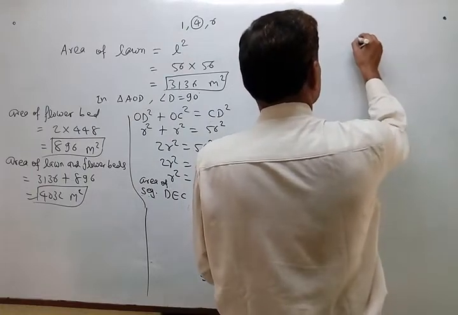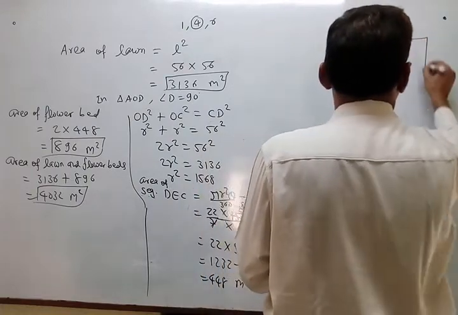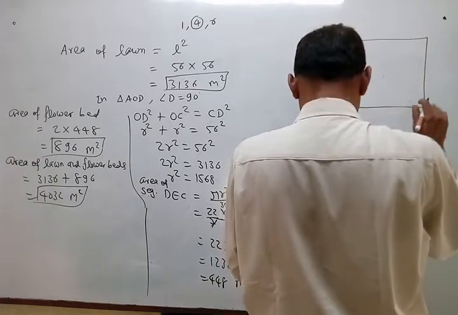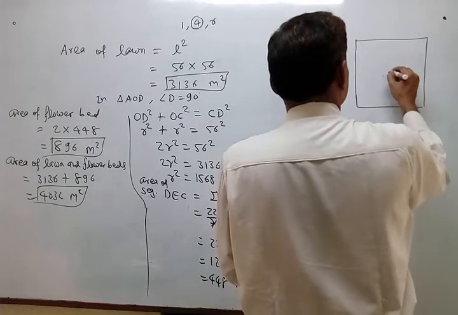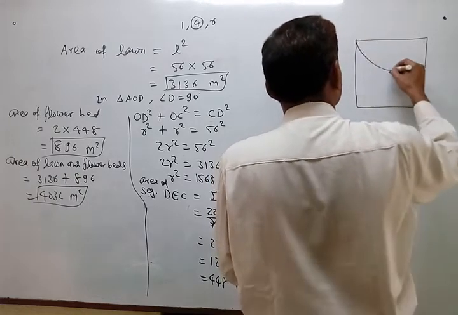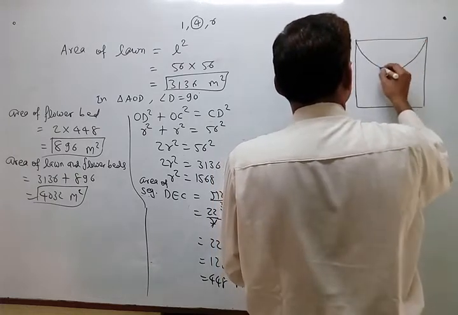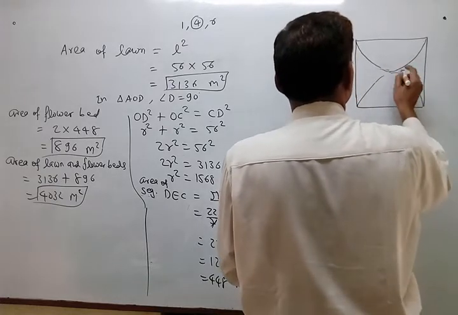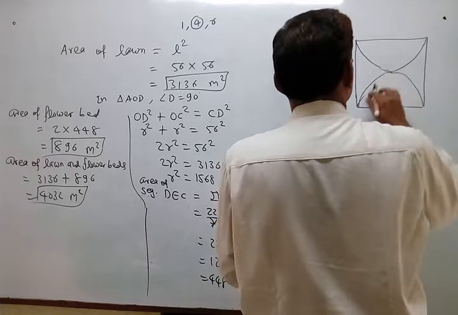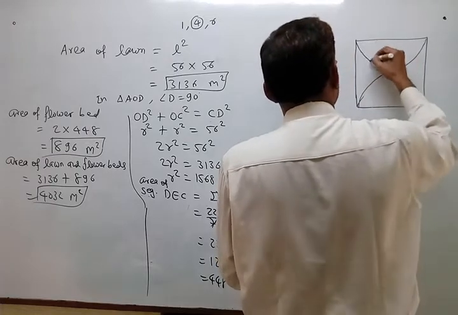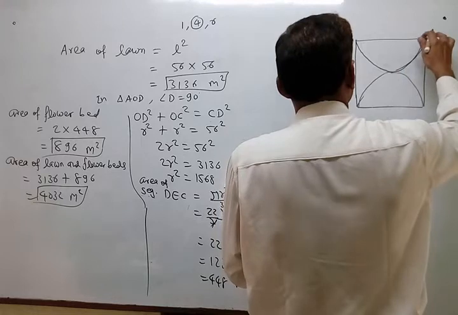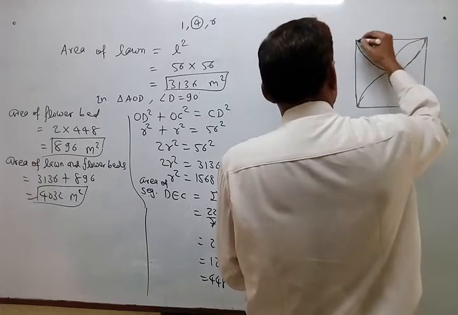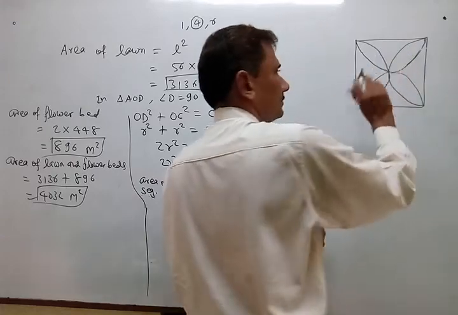Okay, there is one square. Center. I have drawn 4 semicircles, you know.